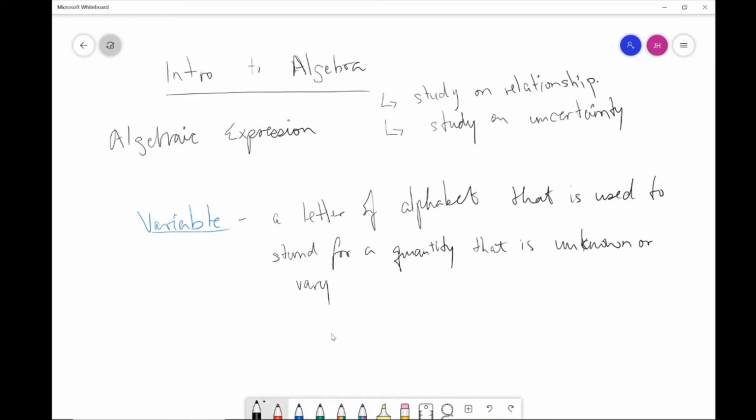Most likely, in a lot of cases, the variable will be represented by x, y, z, a, b, c, something like that.